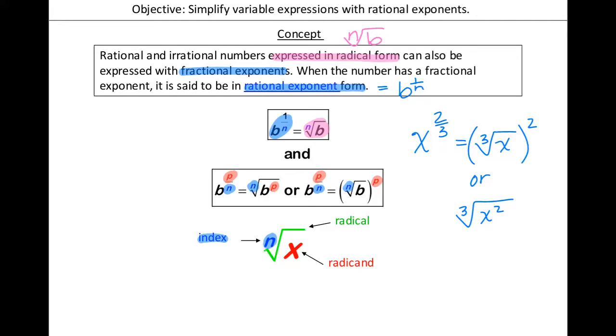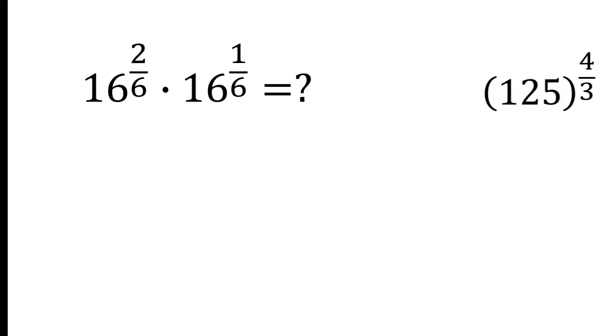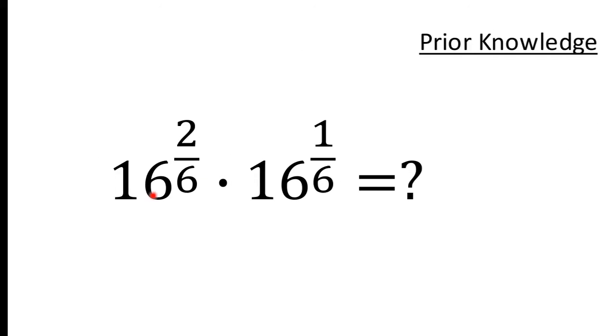Okay, and then it says here we have a prior knowledge, but I don't think this is really prior knowledge because we skipped the lesson that we used to do. But the prior knowledge could be your exponent rules. If I have x to the m power times x to the n power, do you guys remember what we do to the exponents?